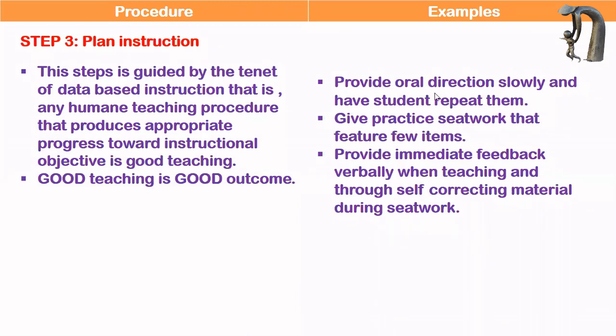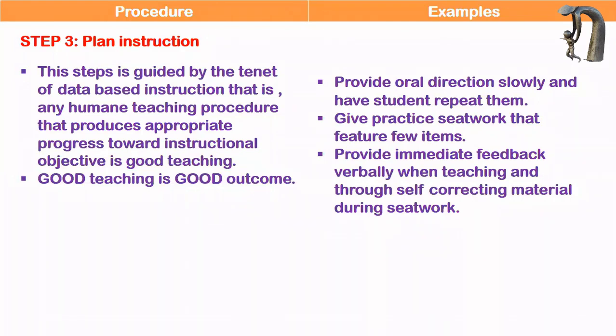So good teaching is a good outcome. Okay, that's why in the beginning we have shown you the examples. If you give a practice, if you give an opportunity, if you give immediate feedback, if you provide oral directions slowly, you get a good outcome. So good teaching is a good outcome. So plan the instruction appropriately so that you will have a better outcome.